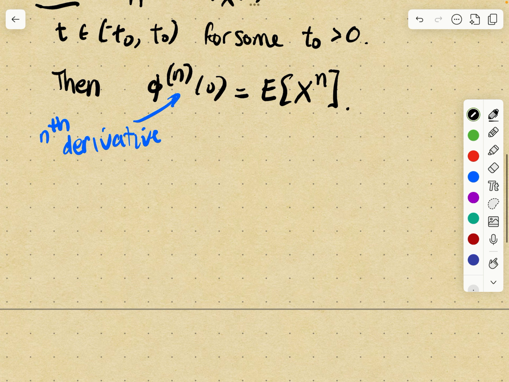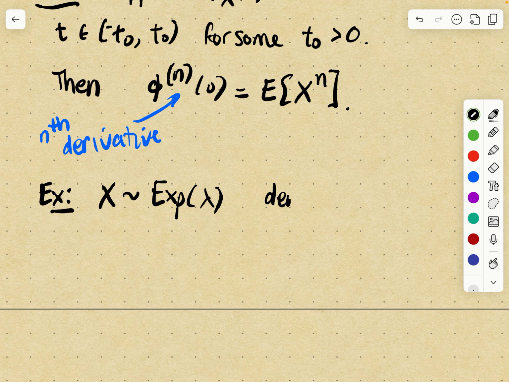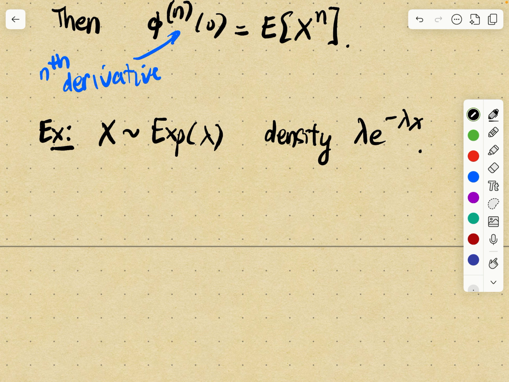So for example, suppose that x has an exponential distribution with parameter lambda. Recall that means the density function is lambda times e to the minus lambda x. We're calculating the moments, so we need to find the expectation of e to the tx.